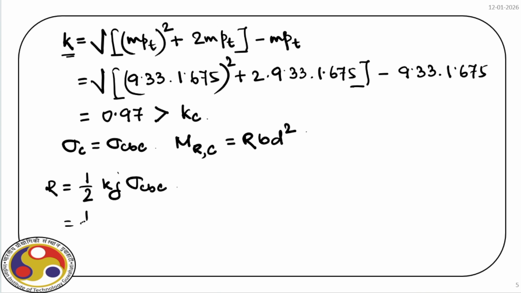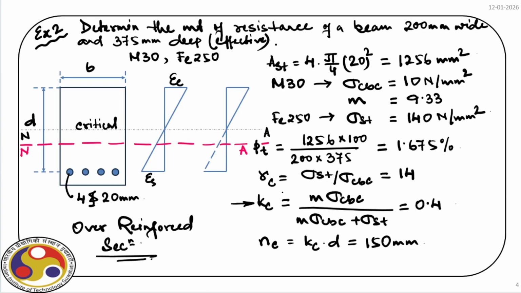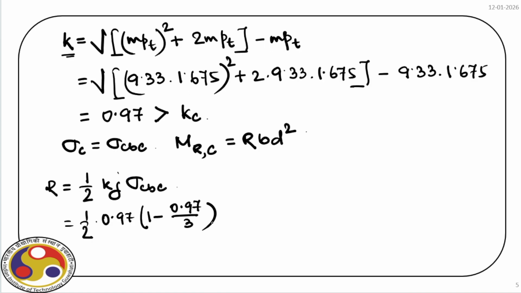So what we have, half K is 0.97, J is actually 1 minus K by 3, so 0.97 divided by 3, times sigma CBC. In our case, we have M30 concrete, so sigma CBC is 10, so multiplied by 10.